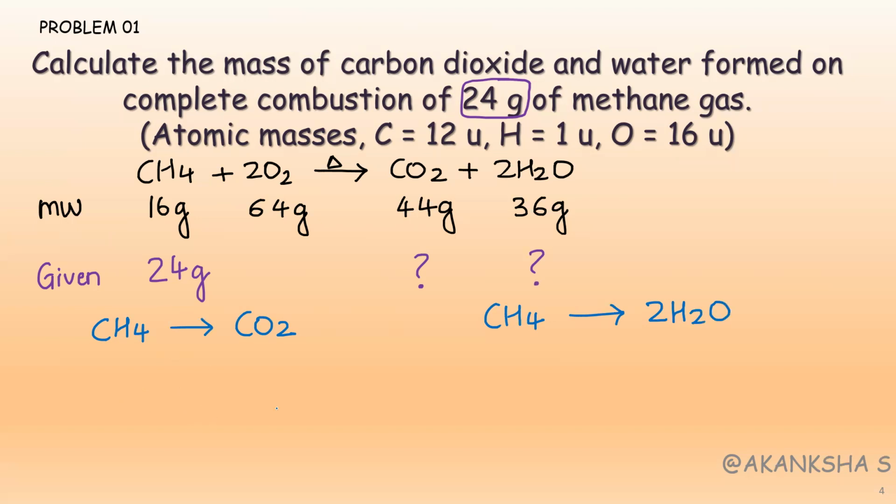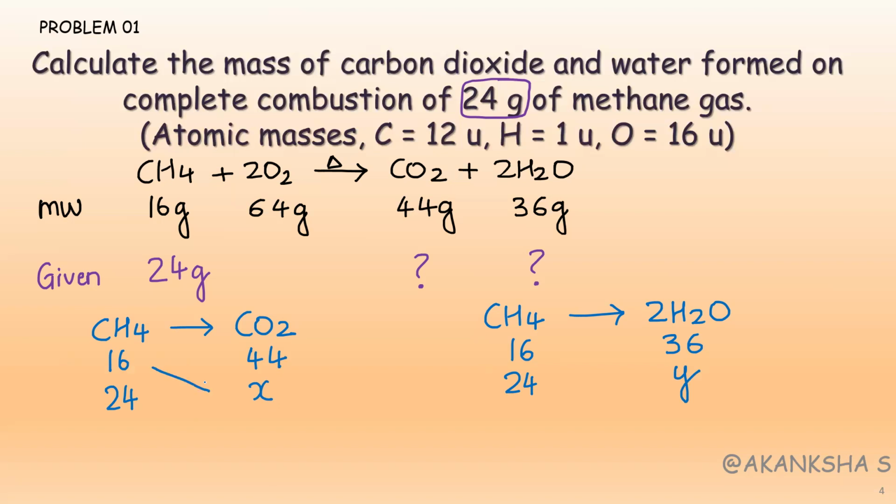For this, first we'll write down the molecular weight that we counted, 16, and CO2 would be 44. Again over here, 16 and H2O would be 36. They have given us that CH4 is 24 grams. We need to find CO2. They have given us CH4 is 24 grams. We need to find H2O.